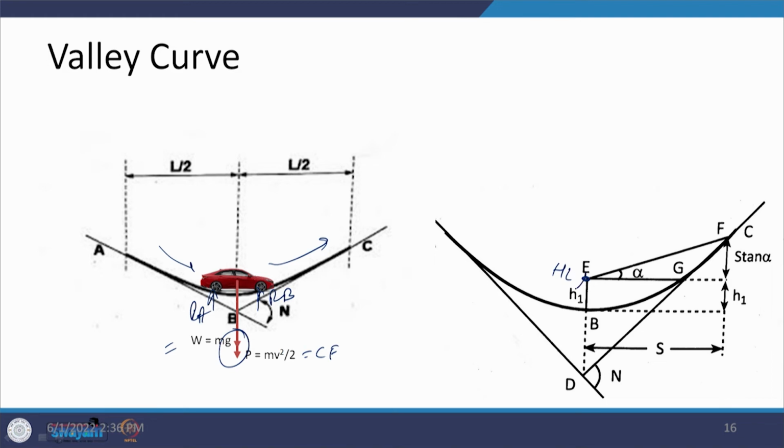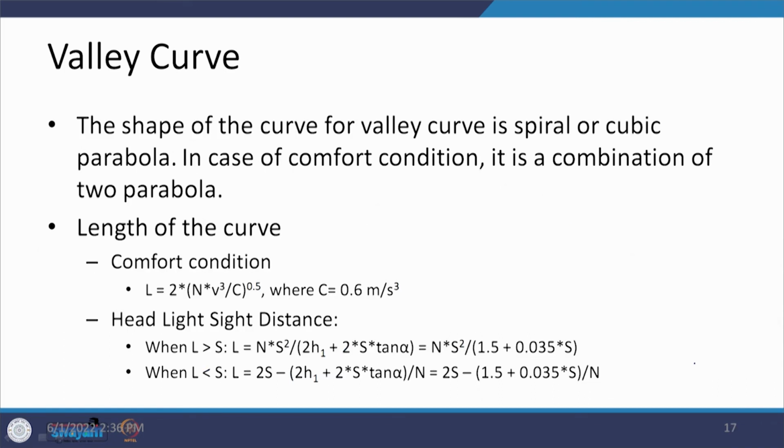If I say that I have a vehicle here, something like this, we have a headlight at this particular location, and whatever light is coming out, this beam makes an angle alpha, and therefore we are able to see up to this point, and that is what we are trying to find out, how this length is going to be calculated. Considering these things, we are going to find the formula for the headlight sight distance.